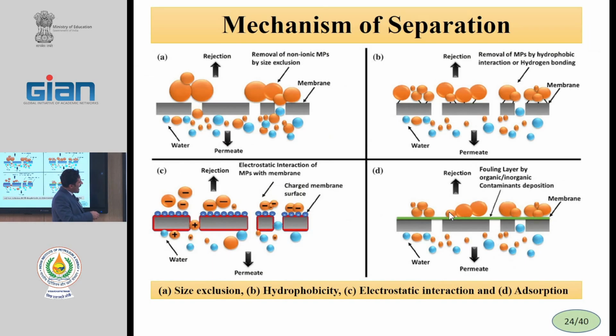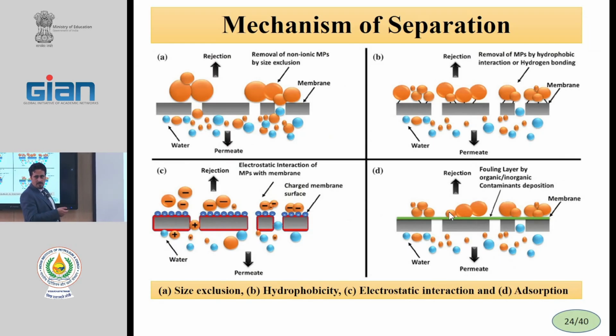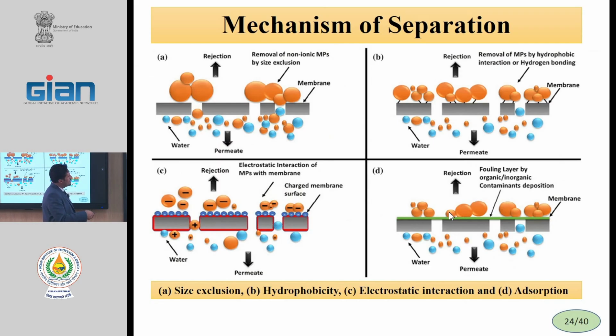Positive solutes are attracted by the negative charge and pass through the membrane, but the negative ions or molecules are rejected. This mechanism is called the Donnan mechanism. In the Donnan mechanism, we see that anions are rejected more than cations.